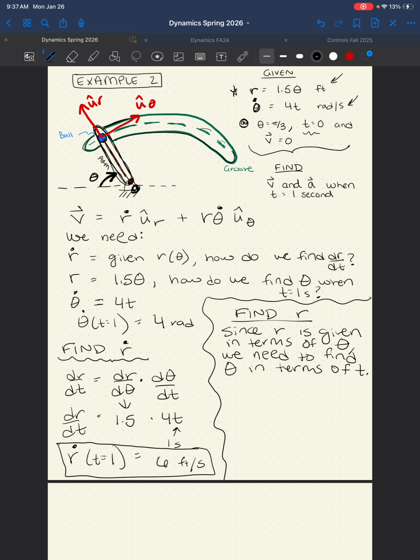But we're not given theta as a function of t. All that we're given is the time derivative of theta, so theta dot. So if we have theta dot, and we want to find theta, I'm thinking we need to take an integral.